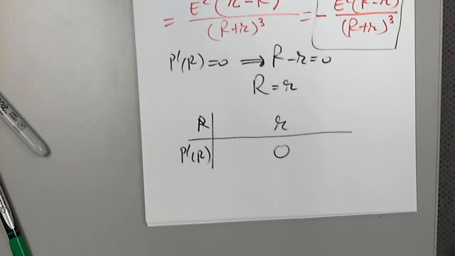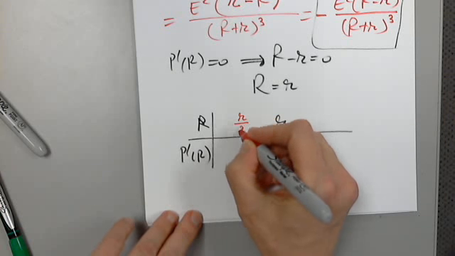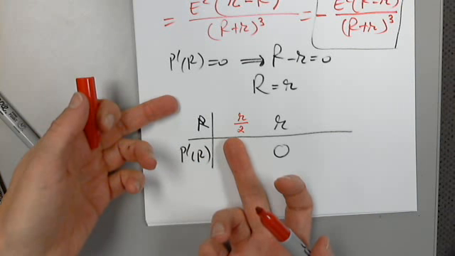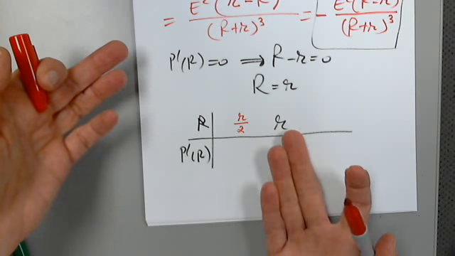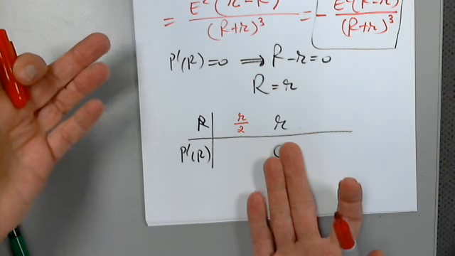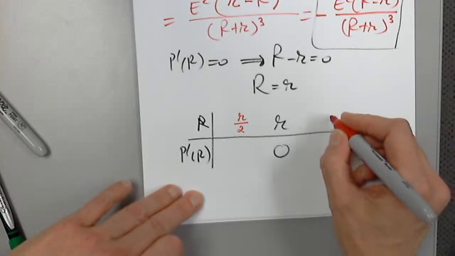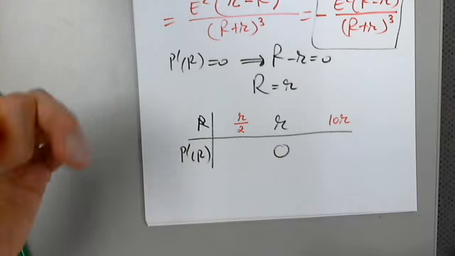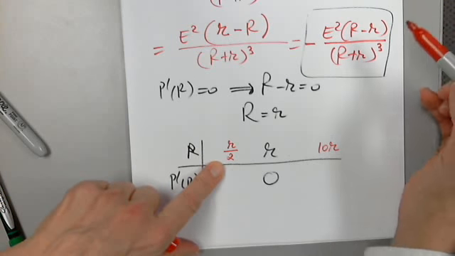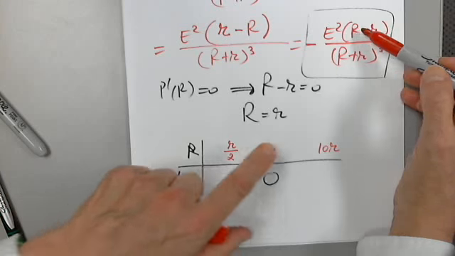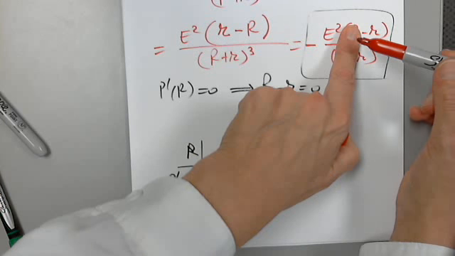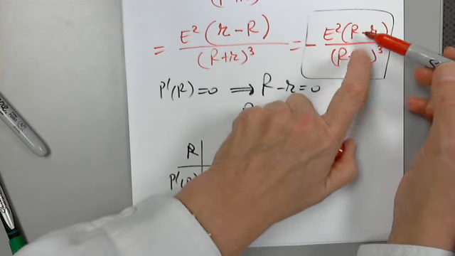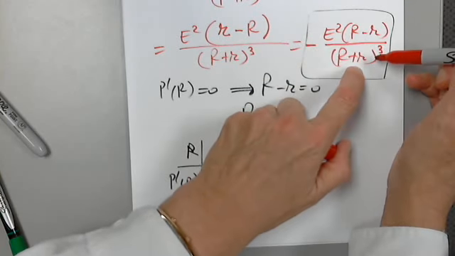Okay, so I would like to check with r divided by 2. Is r divided by 2 to the left of r? If r is 5, this is 2.5. If r is 10, this is 5. And I also want to check with 10r. Is 10r bigger than r? Good. So which one you want to check first? With r over 2. So if this is r divided by 2, it's like 50 cents minus $1. So it's negative, right? So this will be negative with minus in front, and positive, and definitely positive.